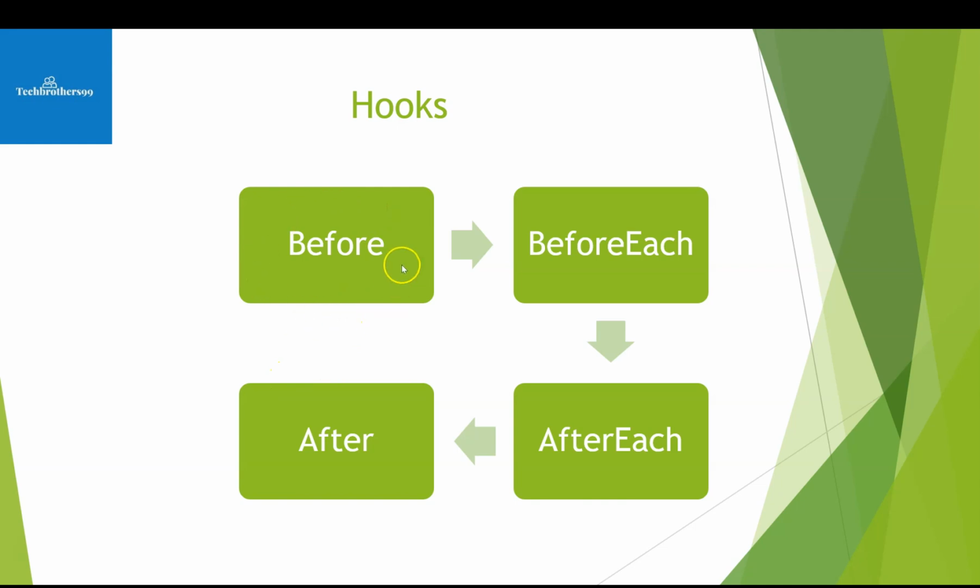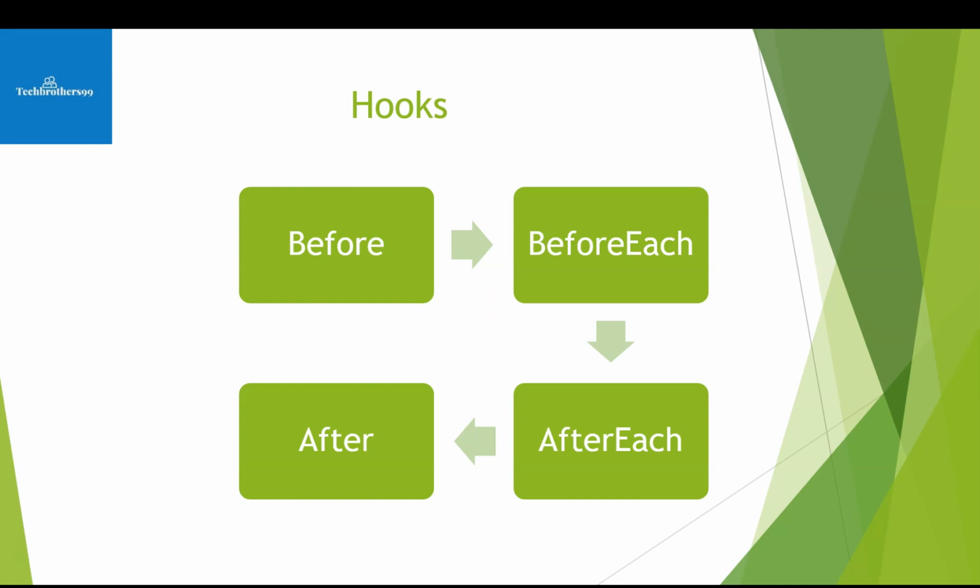The before lifecycle hook will be executed one time for each spec file, before each lifecycle hook will be executed before every test, after each will be executed after each test, and after will be executed only once for a spec file. Okay, so there are four, and all these four we'll see in action now.